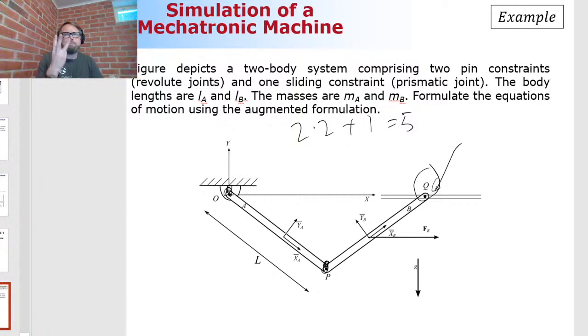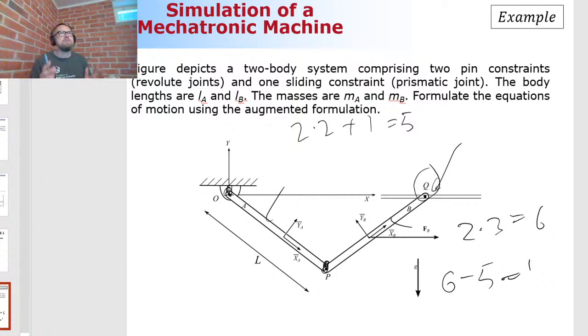Remember, every body needs 3 generalized coordinates. How many bodies do we have here? Well, we have 2. That's obviously 2 multiplied by 3, which is 6. So we have 6 minus 5 degrees of freedom, meaning we have 1 degree of freedom in the system, meaning that the system can move one way only.